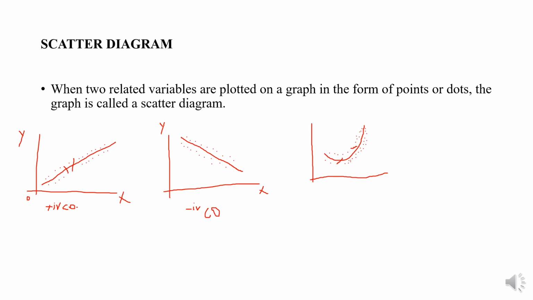The next one is zero correlation. This is the y-axis and x-axis in this graph.